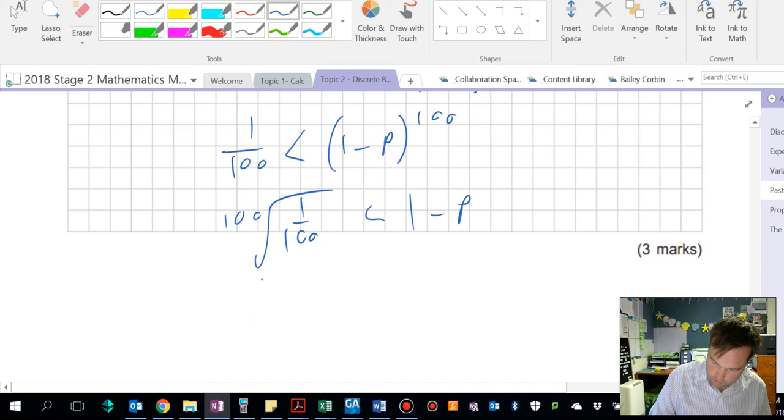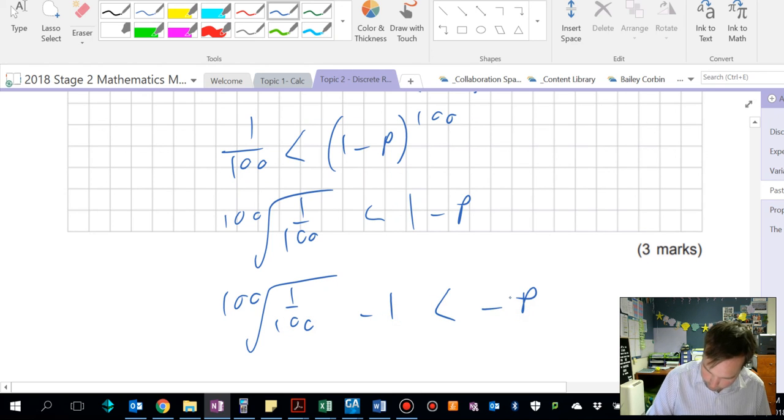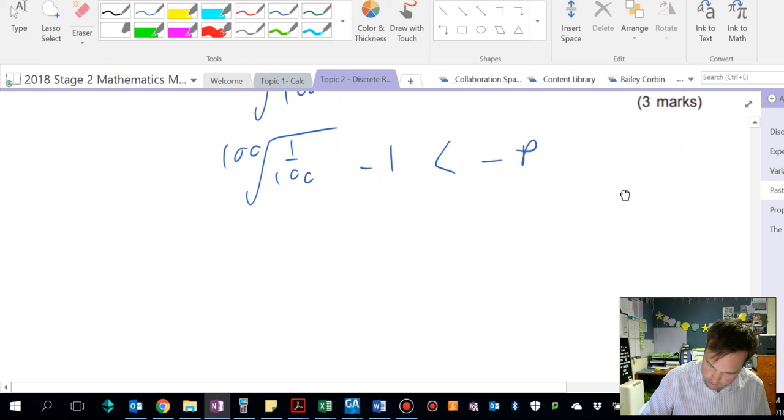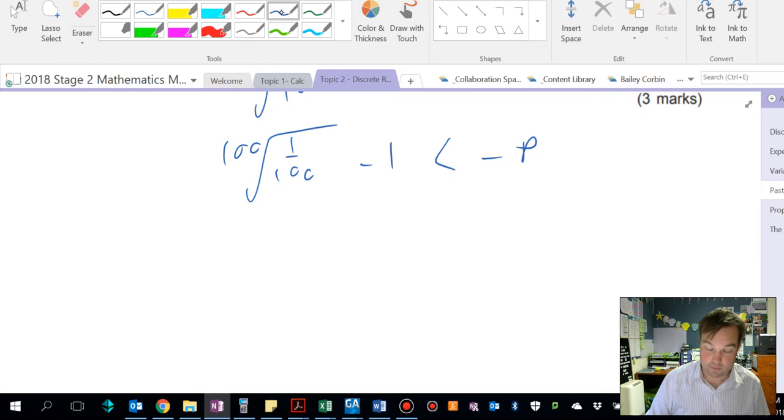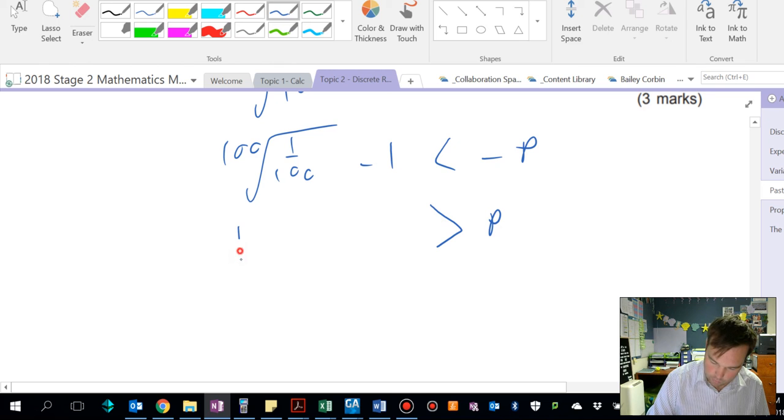Alright, let's do it in 2 steps. Take 1 from both sides. Then multiply both sides by negative 1. So the sign flips, we get P, and that's 1 take the 100th root of 1 on 100.